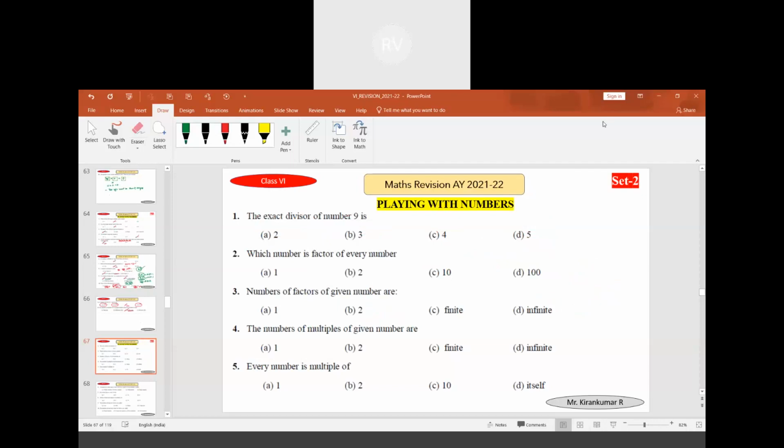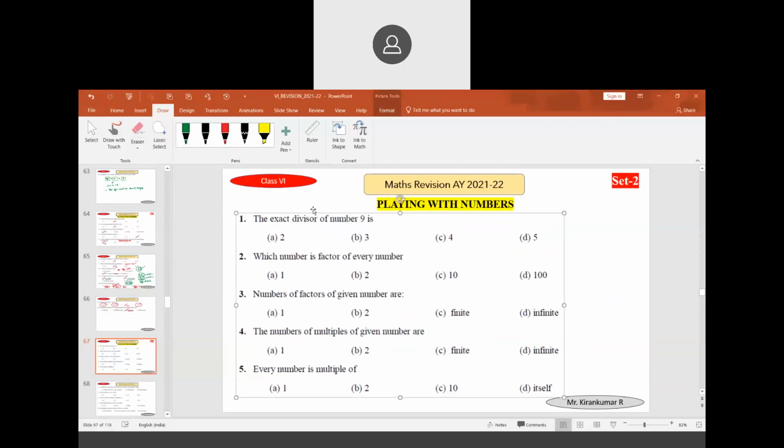Questions now from set 2. An exact divisor of the number 9 is 3, option B. Which number is a factor of every number? One. The number of factors of a given number is finite.